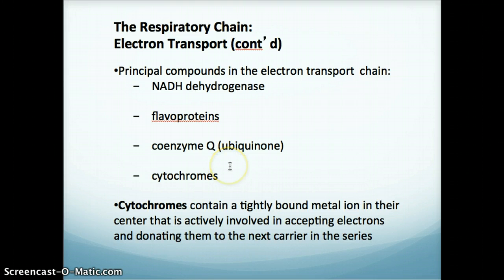There is a coenzyme called coenzyme Q, ubiquinone, and then there are cytochromes. And cytochromes contain these metal ions at their center, and they are actively involved in accepting those electrons and donating them to the next carrier. So they're basically a shuttle for electrons within the electron transport system.